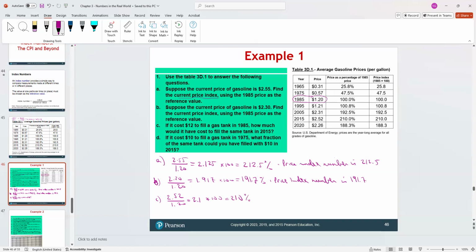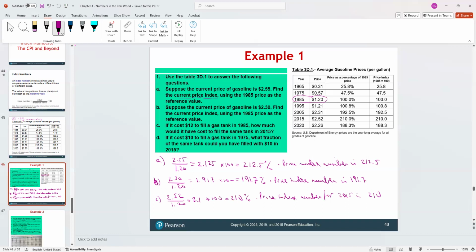Now, the price index number for 2015 is 210, which means prices in 2015 were 210% of the prices in 1985.